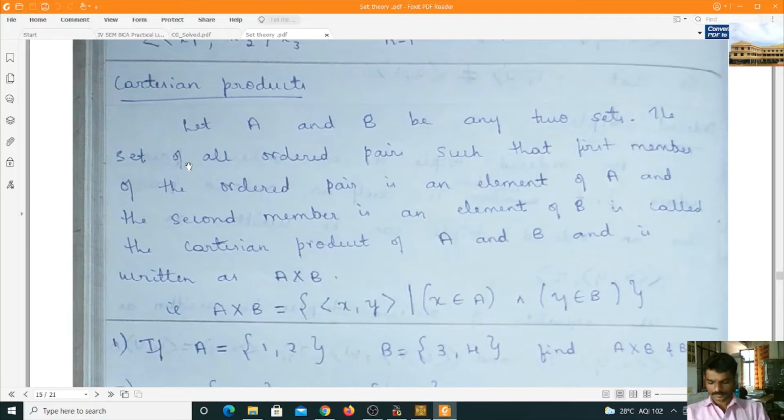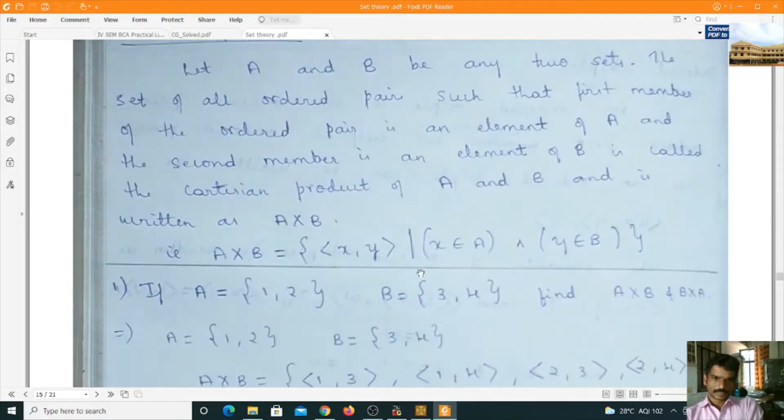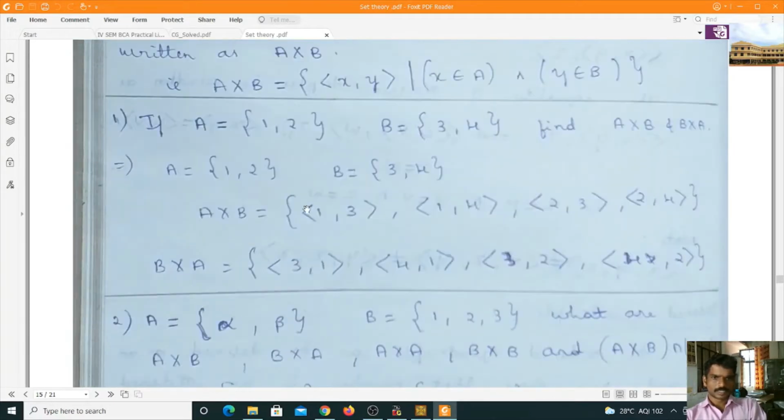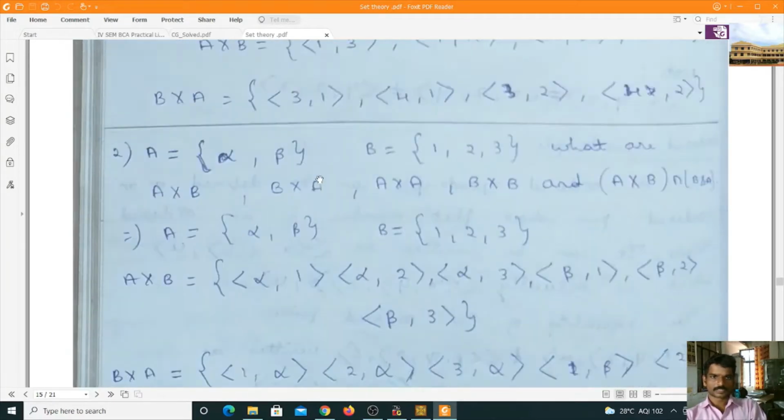As I already explained, a Cartesian product of any two sets is a set of all ordered pairs such that the first member of the ordered pair belongs to the set A and the second member belongs to the set B. For example, if we want to find A cross B, the Cartesian product of the sets A and B, then it contains the values x comma y such that x belongs to A and y belongs to B. So this is the AND operator, and this example I explained. Let me continue with the next problem.